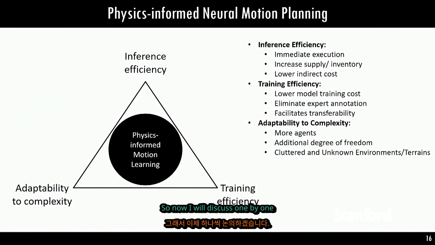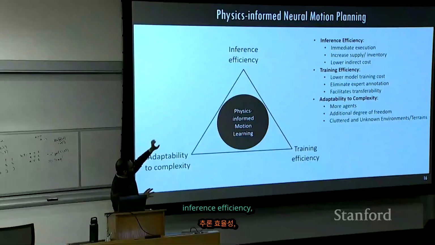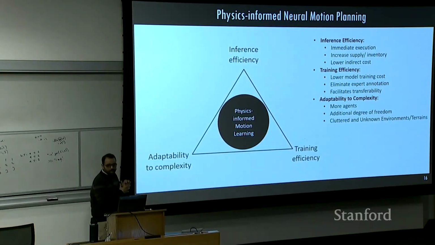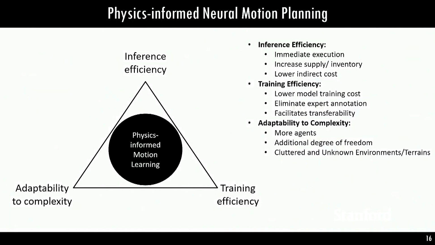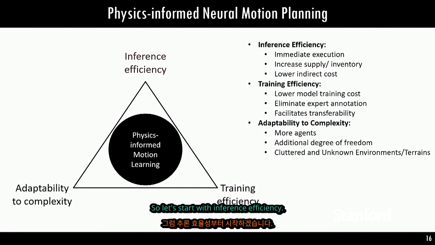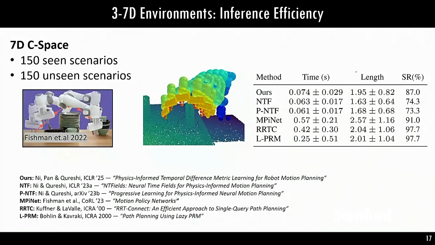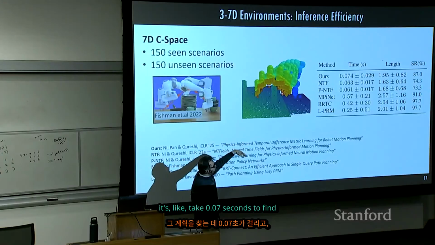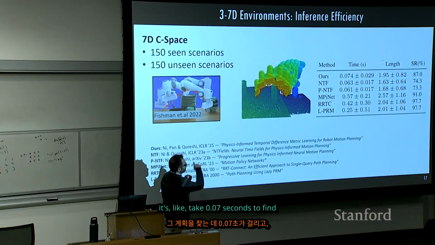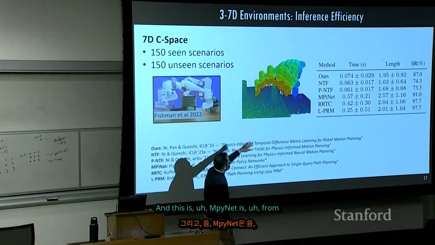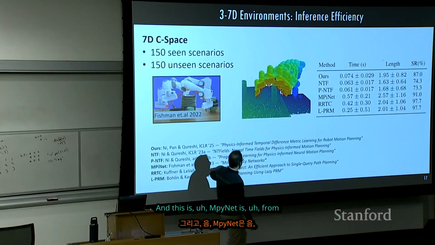So now I will discuss one by one the inference efficiency, training efficiency, and adaptability of this model. Let's start with inference efficiency. This is on a simple 7 DOF setup. You can see it takes 0.07 seconds to find that plan. And this is MPiNet from NVIDIA.